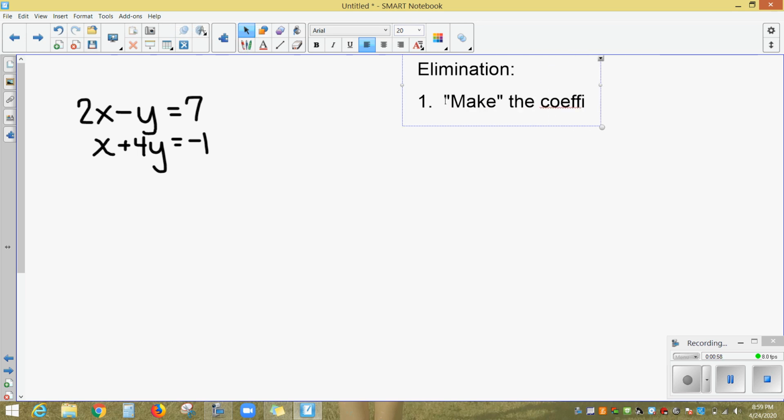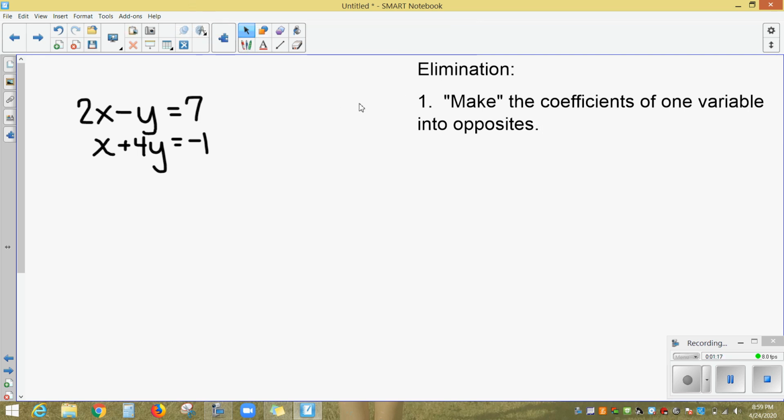So our first step in elimination is that we're going to make the coefficients of one of the variables into opposites. Let's start at the end of that sentence and make sure we know what they are.